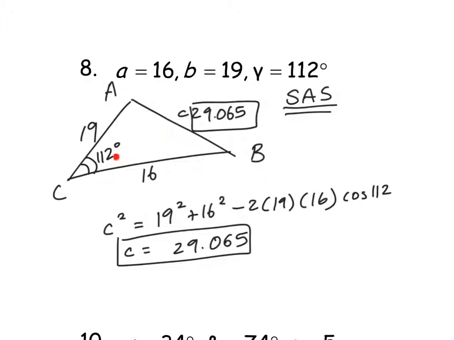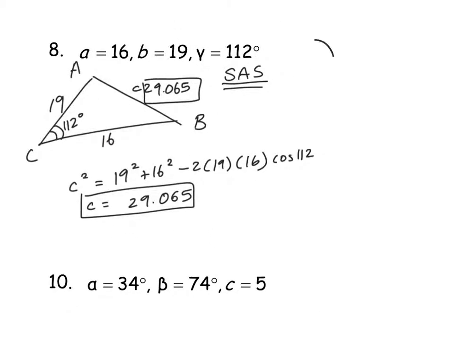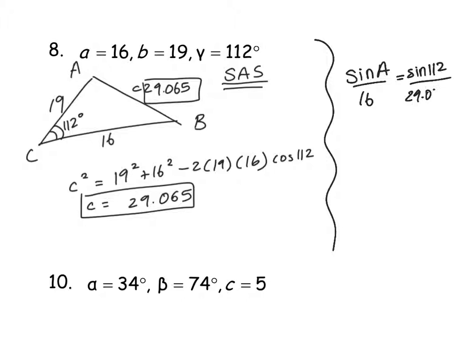Since the largest angle is given, I'm going to find angle A, which is the smallest angle, using law of sine for my answer to be accurate. So using law of sine, I can find sine of A over 16 equals sine of 112 over 29.065.